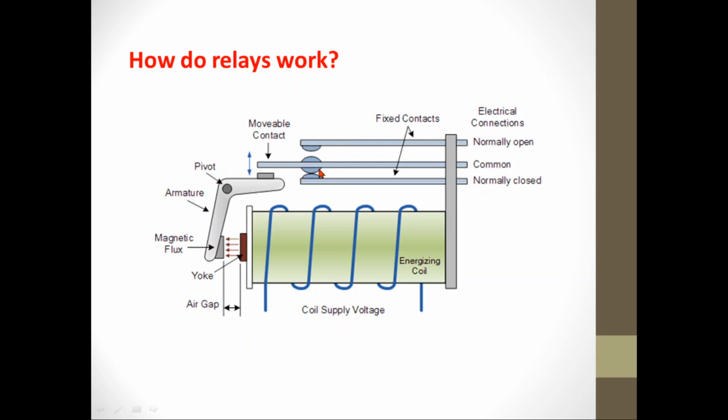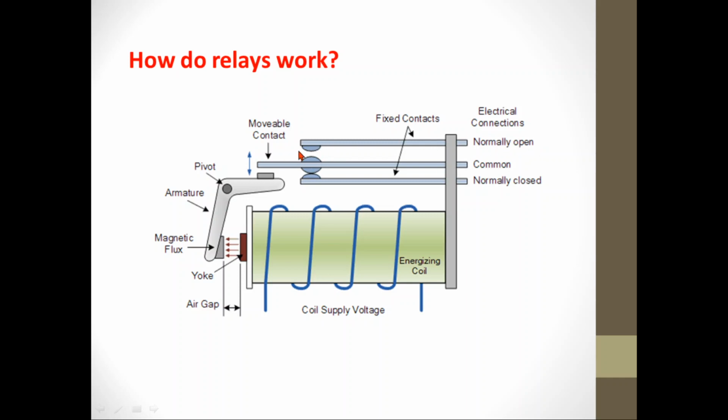Why does the normally closed contact become open? Because the movable contact of the common terminal will now be detached from this terminal, and will now be attached to the open terminal.